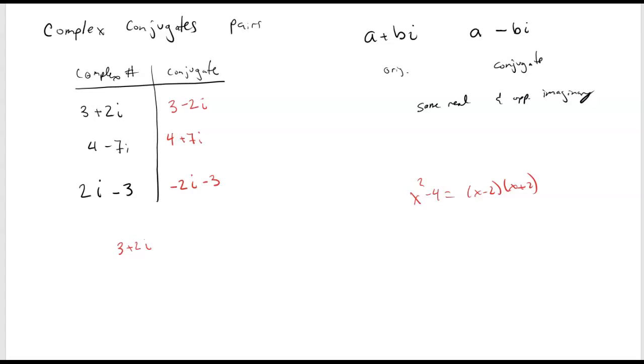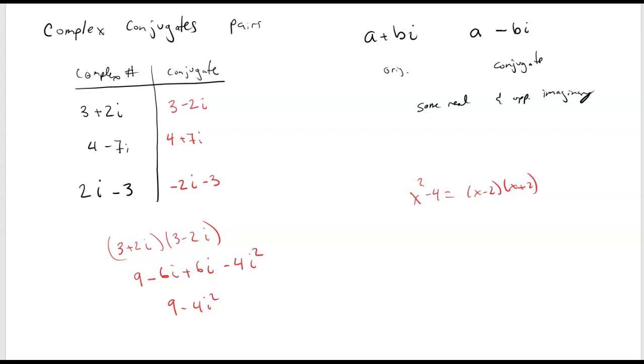So 3 plus 2i, 3 minus 2i. So notice what's going to happen. Your imaginary component is actually going to disappear. So 3 times 3 is going to give me 9 minus 6i plus 6i minus 4i squared. So I get 9 minus 4i squared, again, similar to difference of squares.